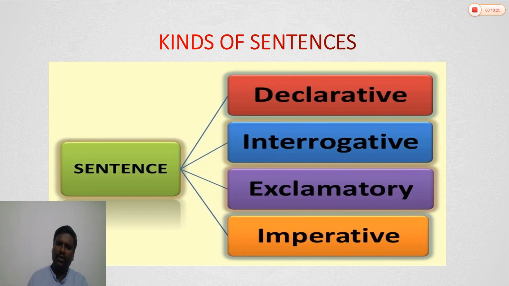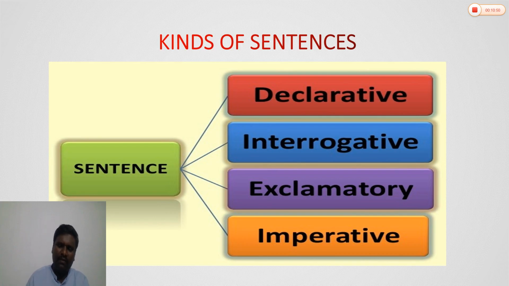Exclamatory is nothing but a sentence in which we wonder. What a great man he is! What a skill he has possessed! Imperative: there are two types of imperatives. One is command and another one is request.